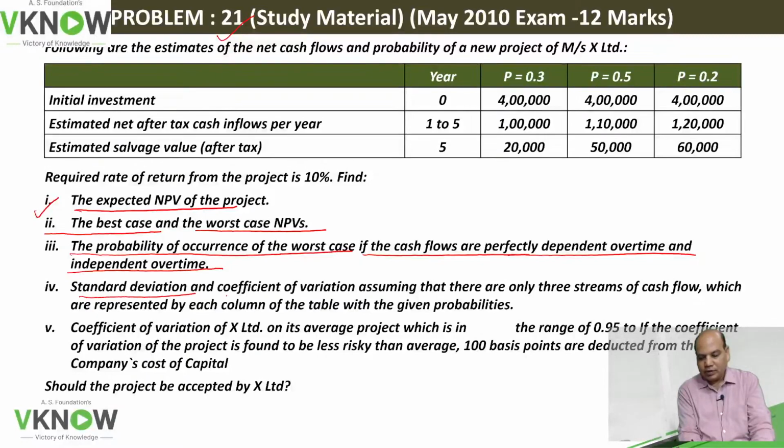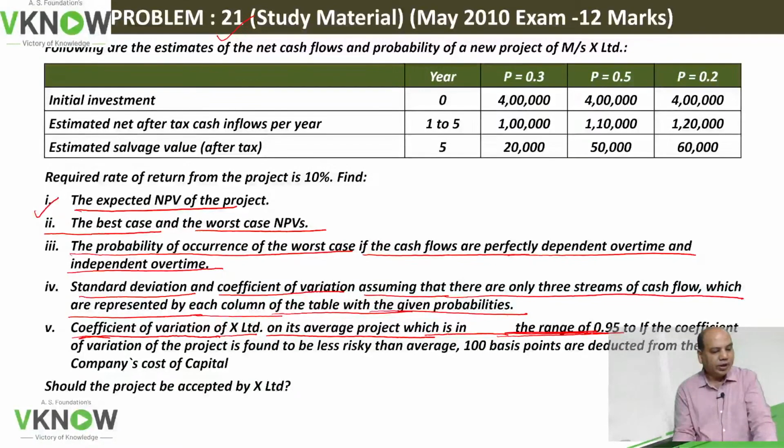Then standard deviation and coefficient of variation, assuming that there are only three streams of cash flows which are represented by each column of the table with the given probabilities. Last question is coefficient of variation of X Limited on its average project, which is in the range of 0.95 to, this end range is not given, maybe you can write 1.20.